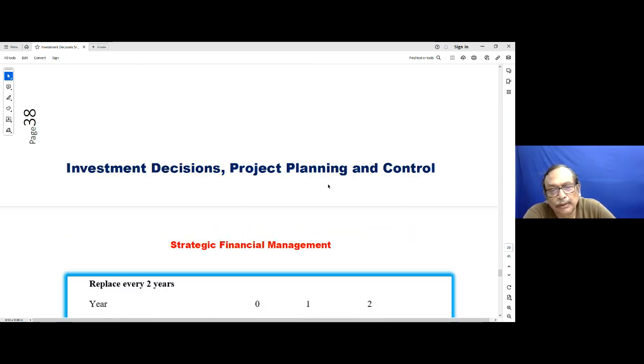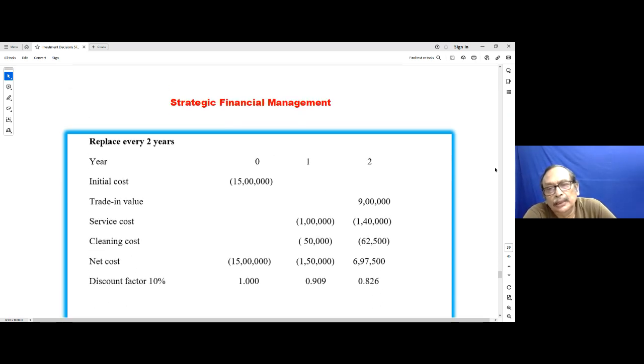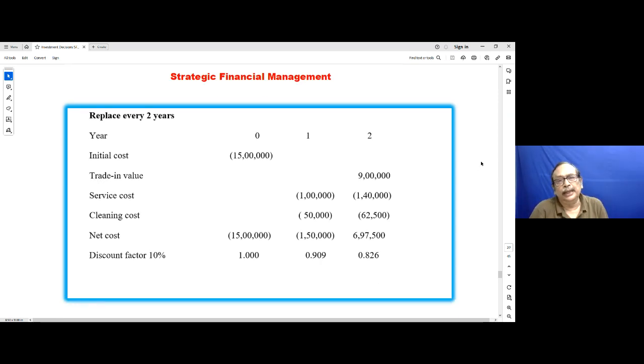Now, when we replace every 2 years, we have years 0, 1 and 2. Initial cost we have taken as 15 lakhs, trade-in value at the end of year 2 is 9 lakhs, service cost is first year 1 lakh, second year 1 lakh 40,000, cleaning cost is first year 50,000, second year 62,500.